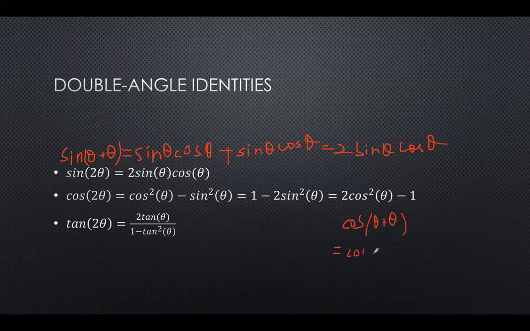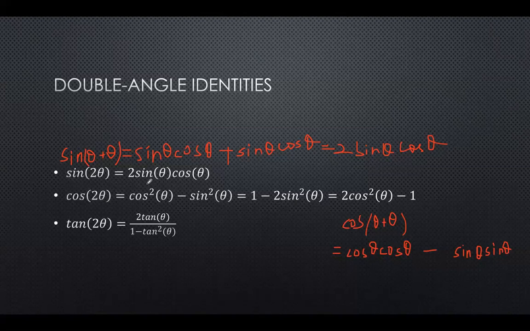For cosine identities, cosine stays with cosine and sine stays with sine. Another one is that when you have the sum, it becomes a difference. So it's cosine squared minus sine squared.